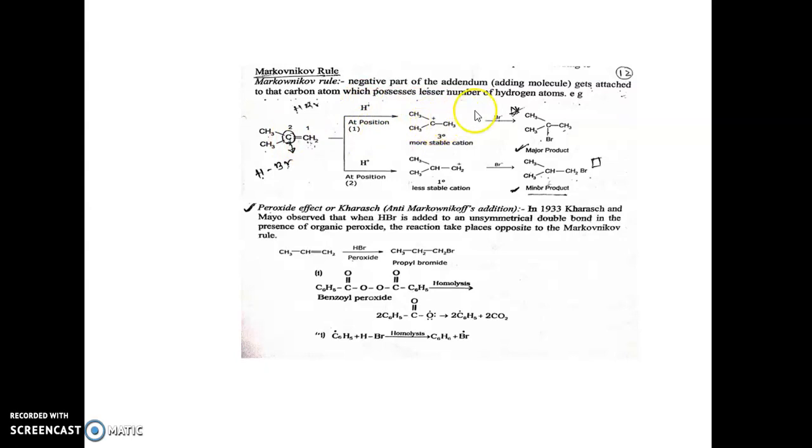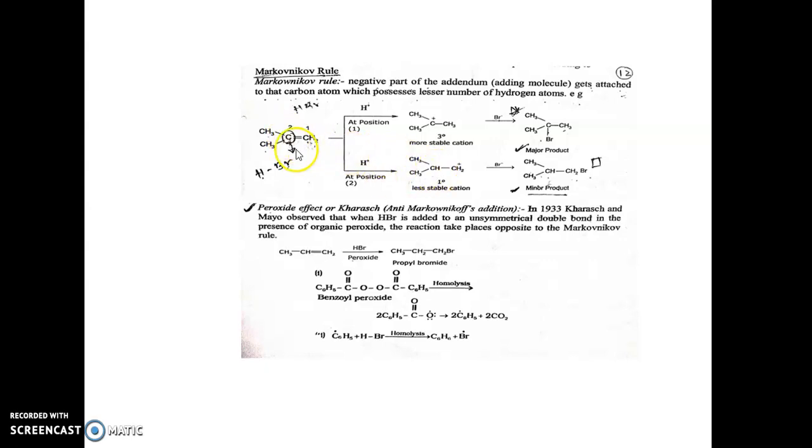In the next step, the Br minus of HBr is added here, forming this product. Right. Now another possibility is that hydrogen could be attached to this carbon atom and the positive charge comes here. In the first case, this carbon is positive and the hydrogen is attaching here. In the second case, this carbon is getting the positive charge and the hydrogen is attaching here.